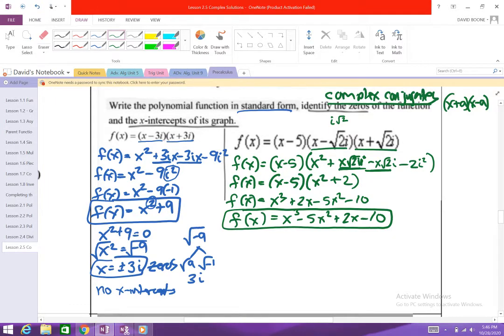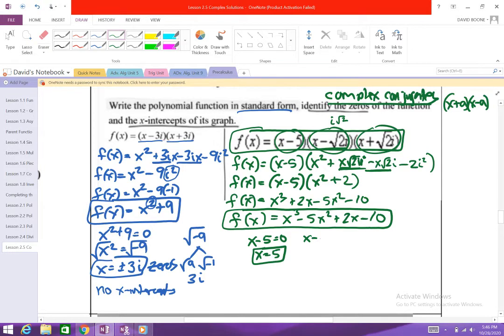All right. If I look at the zeros, again, I think it's always easier if I go back up to the original factored form and set each of these factors equal to 0. So that's x minus 5 equals 0. So x equals 5 is a 0 or a root. The next one, I'm setting the x minus root 2I equal to 0.